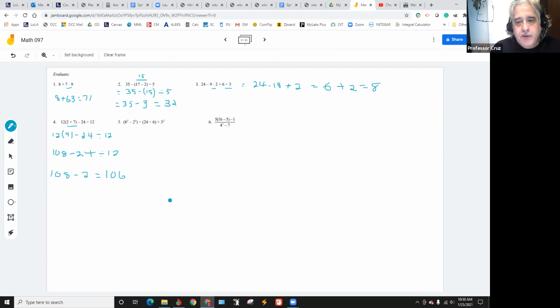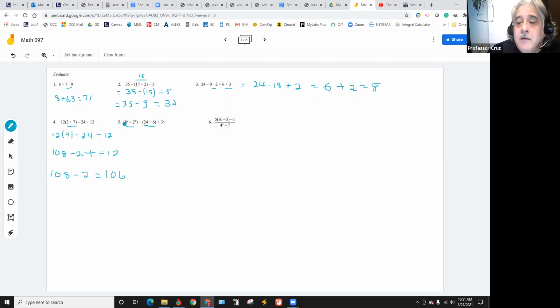All right. So now we're going to get into number 5 and 6, some exponents. It's going to be hard to squeeze things in here. I'll just come straight down with this one. First thing is we have to do what's inside the parentheses, and inside the parentheses you've got some exponents, so we definitely want to do that first.